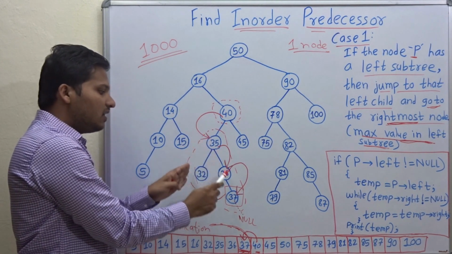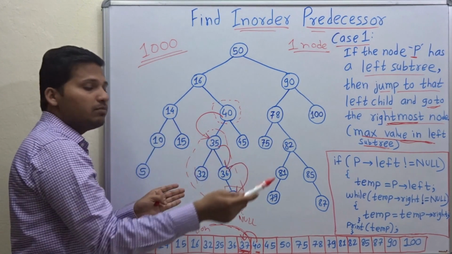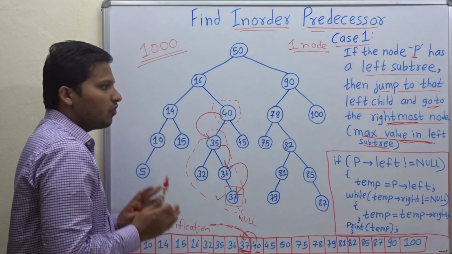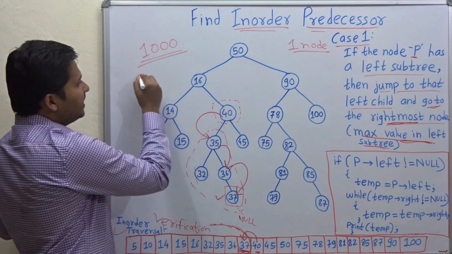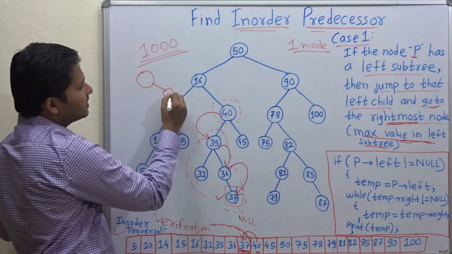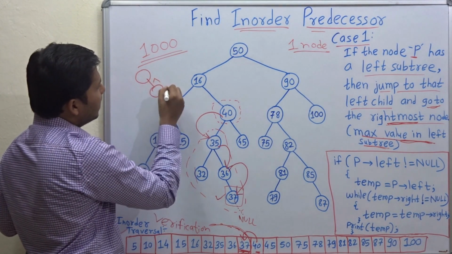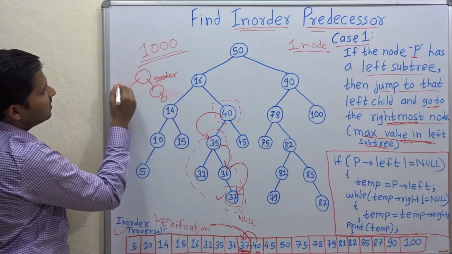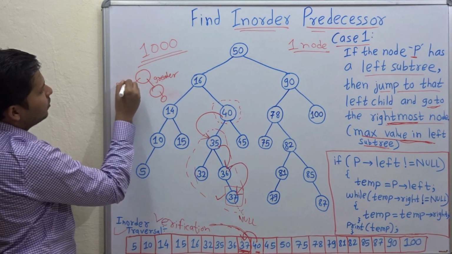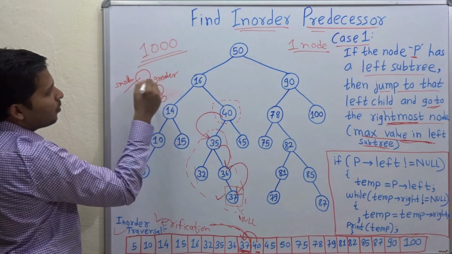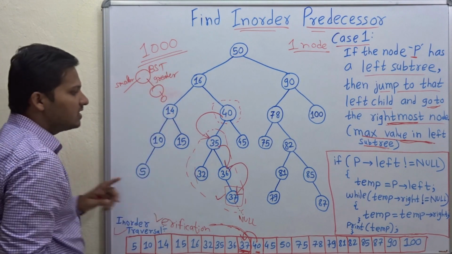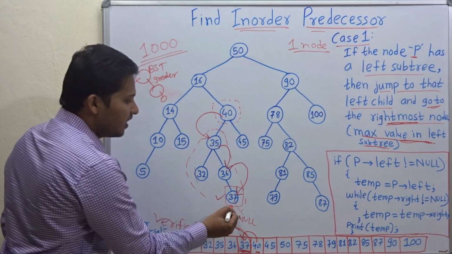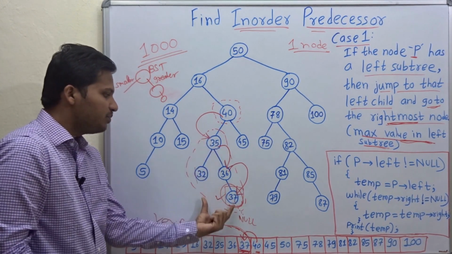But in that left subtree the value which is maximum will be the rightmost value, because the property of a binary search tree is that the right side of any node contains greater values and the left side contains smaller values than that node. That is the property of BST. So that is why the rightmost node in this left subtree of 40 will contain the maximum value for that subtree.